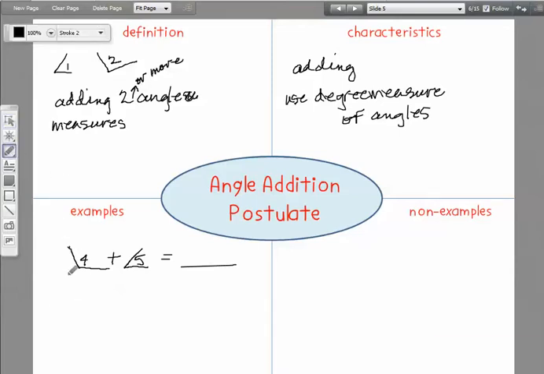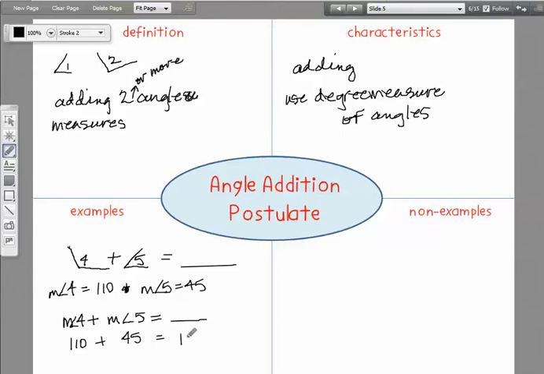Let's say that the measure of angle 4 is 110, and the measure of angle 5 equals 45. If I want to add those together, I take the measure of angle 4 plus the measure of angle 5 and find out what that equals. So I'm going to have 110 plus 45 equals 155.